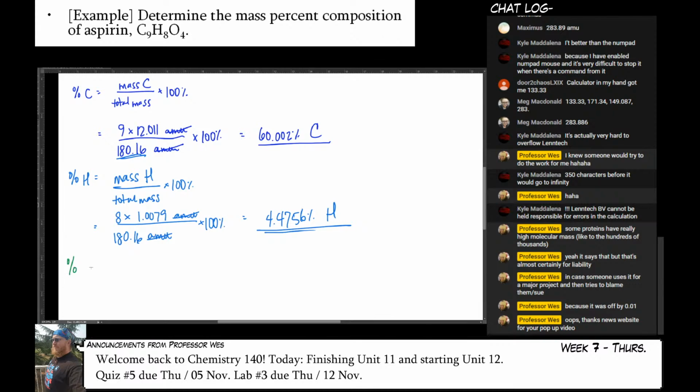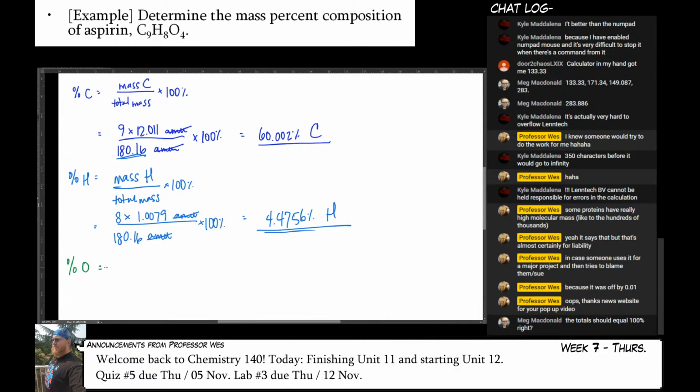So percent oxygen. And there's 2 ways to do this. I could just say 100 minus the other 2 and get an answer. And you'll get an answer that's right there with what we're going to do. But I'm going to just show you the formula anyway because that's kind of the whole point of this set of problems.